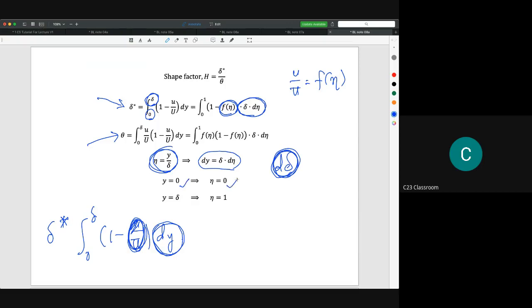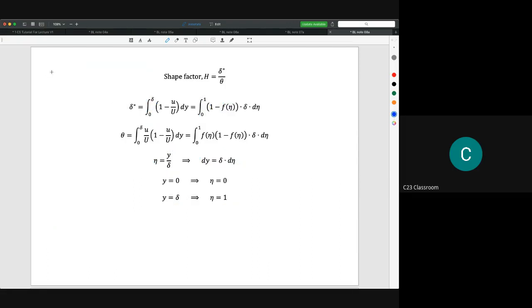If y is equal to delta, eta equals 1. So now the limit changes from 0 to delta to 0 to 1. It depends on which equation you want to use, but make sure you use the correct equation.